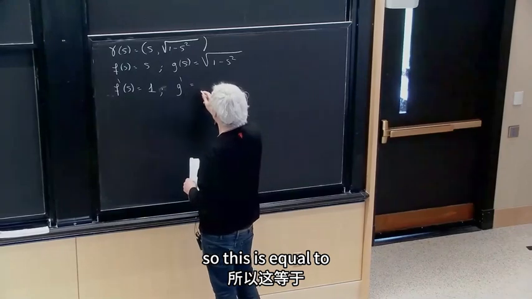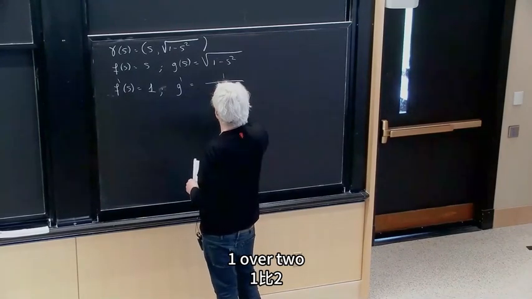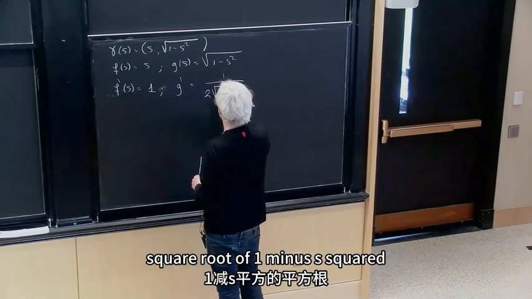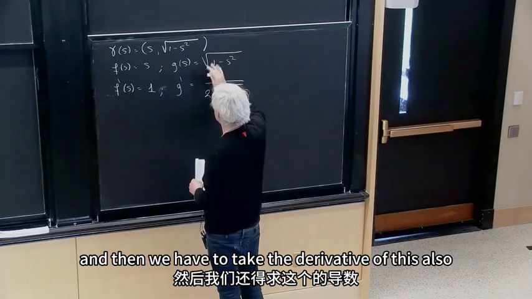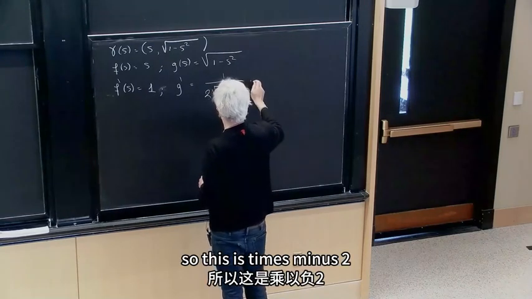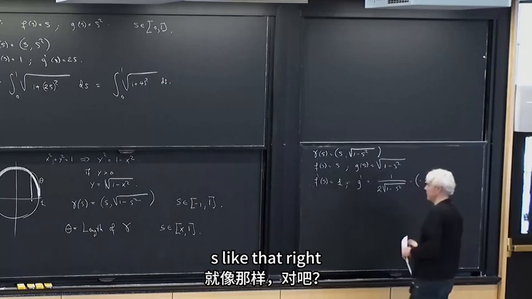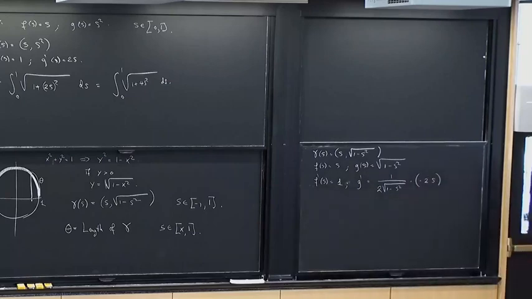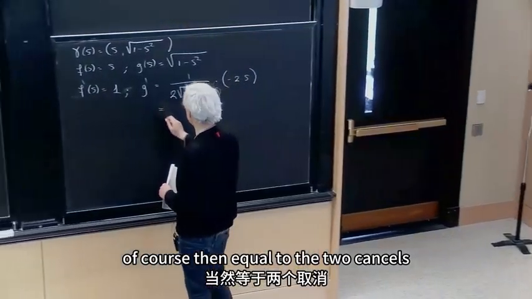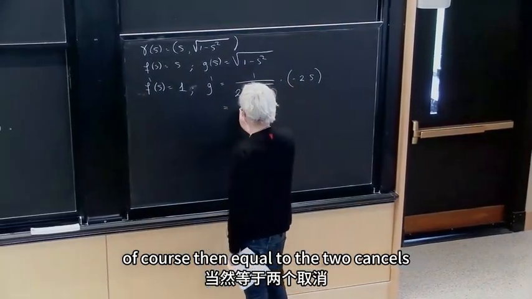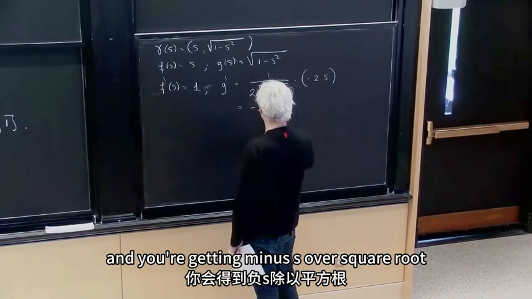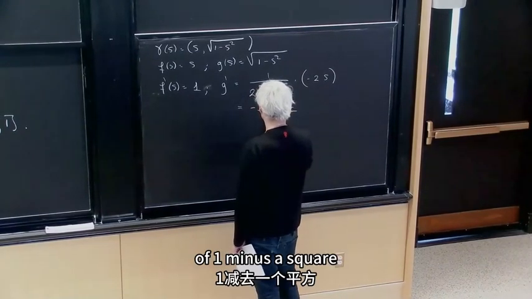So this is 1 over 2 times the square root of 1 minus s squared, and then we have to take the derivative of the inside also, so times minus 2s, right? The 2 cancels, and you get minus s over the square root of 1 minus s squared.